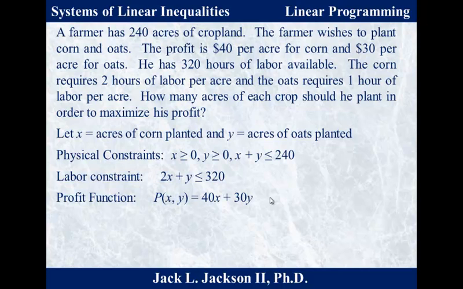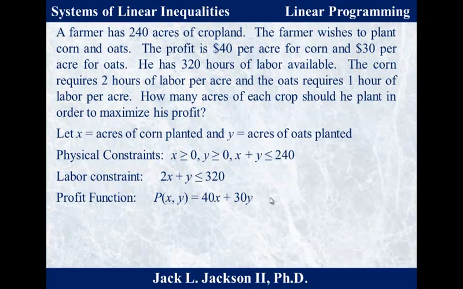So 2x plus y is the total labor, and that has to be less than or equal to 320 hours of labor. So that's a system of 4 inequalities: x is greater than or equal to 0, y is greater than or equal to 0, x plus y is less than or equal to 240, and 2x plus y is less than or equal to 320.